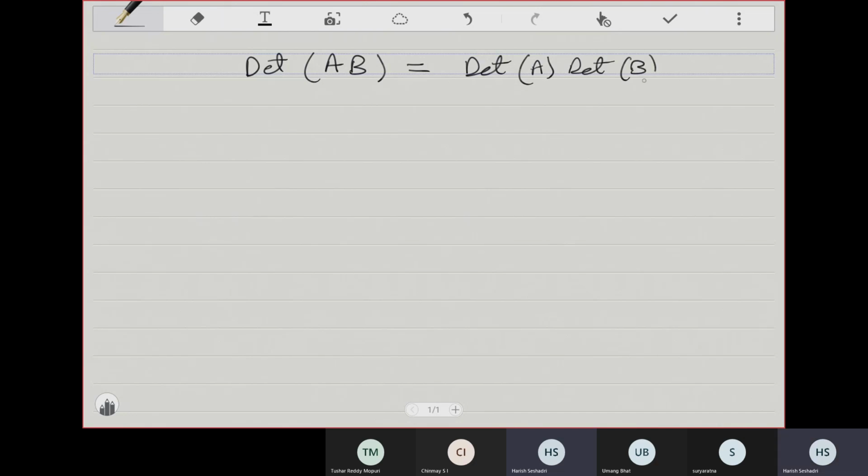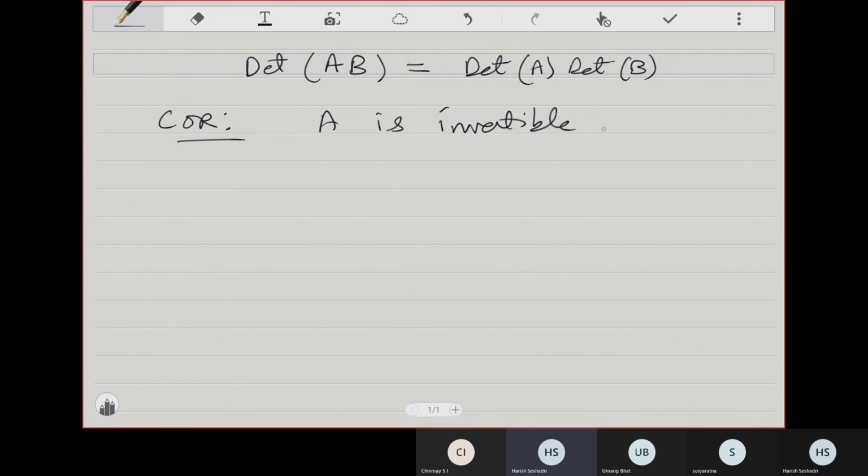So one immediate corollary is the following. A is invertible if and only if det A is not equal to 0.